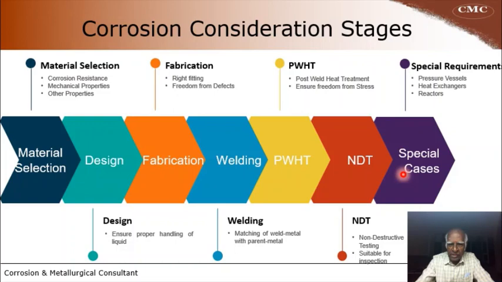There are special cases of equipments like pressure vessels, heat exchangers, reactors, etc. This will require very special requirements. For example, pressure vessels should be able to withstand very high stresses. Heat exchangers should be able to withstand thermal conductivity across the wall thickness. Similar considerations are applied for special cases.